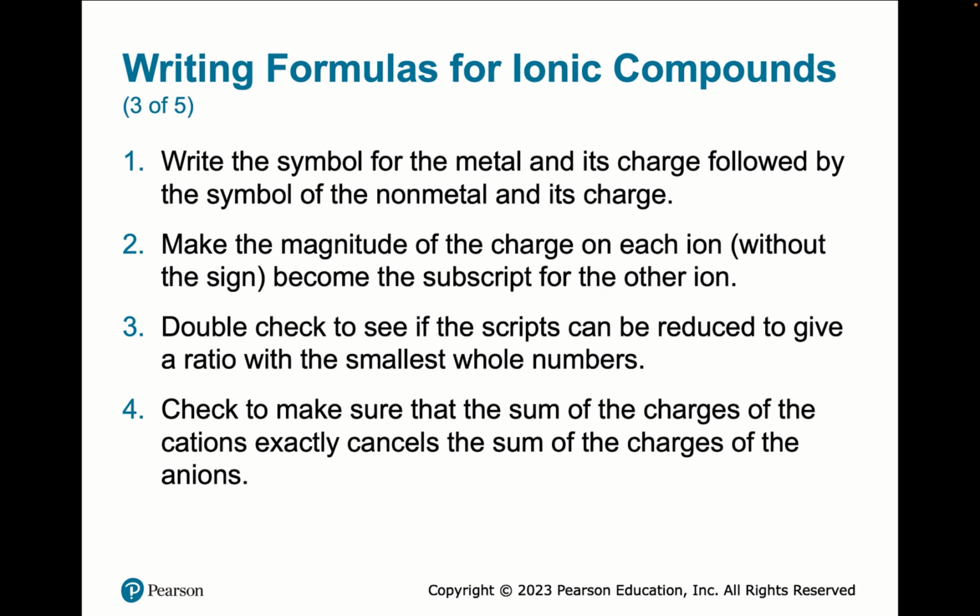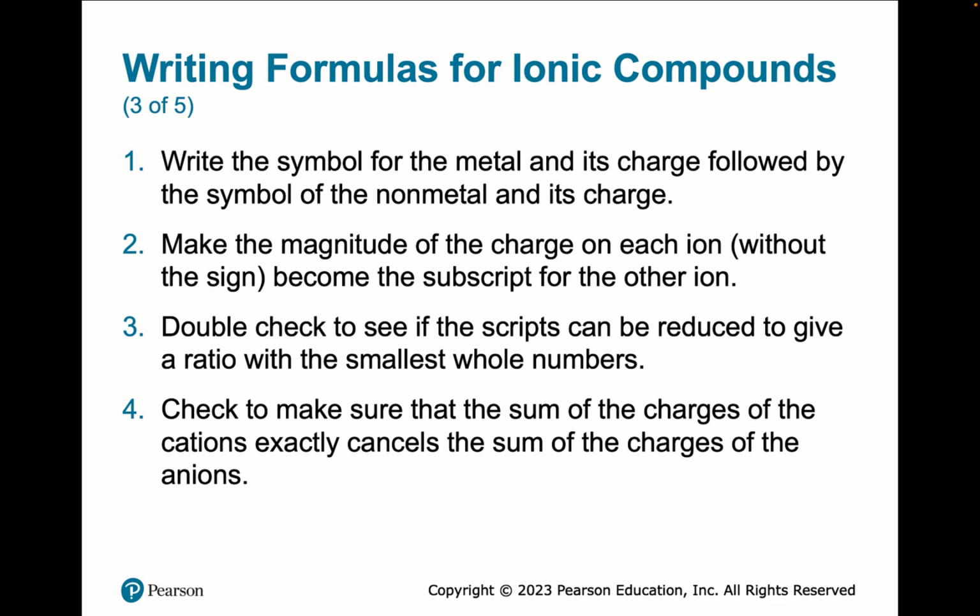You write the symbol for the metal and its charge, followed by the symbol of the nonmetal and its charge. Make the magnitude of the charge on each ion become the subscript for the other ion, then see if the subscripts can reduce to the ratio of smallest whole numbers, and then check to make sure the sum equals 0.